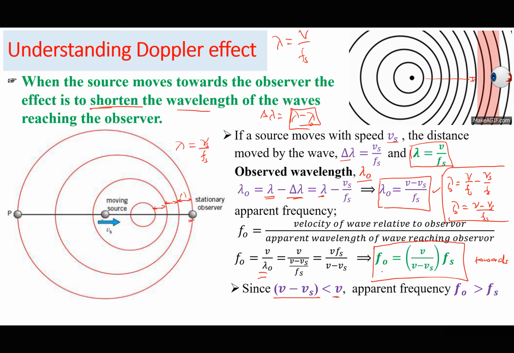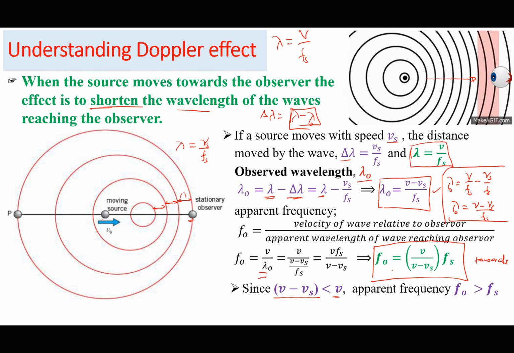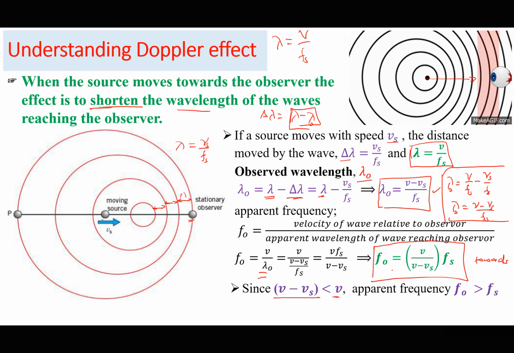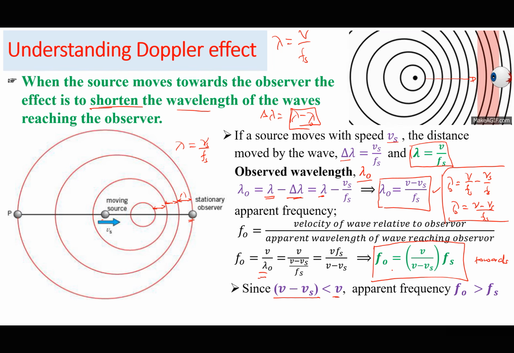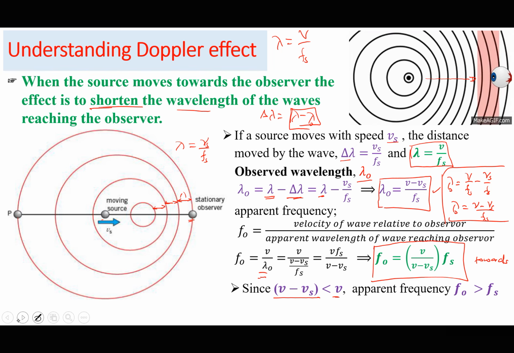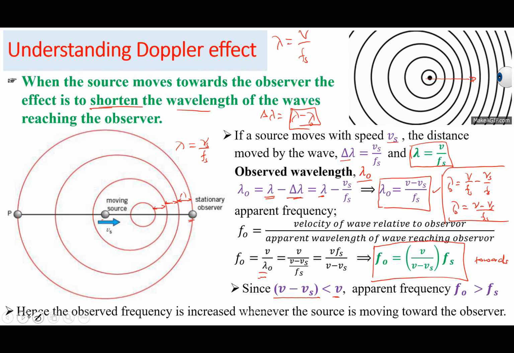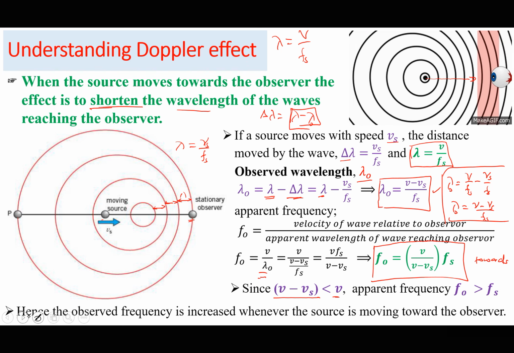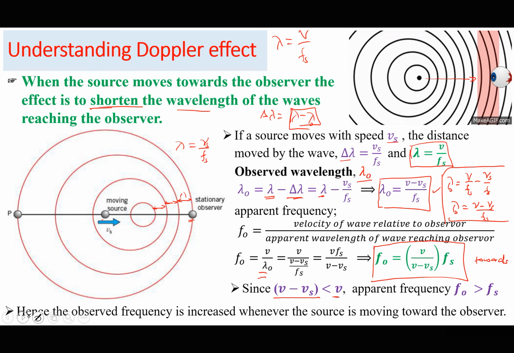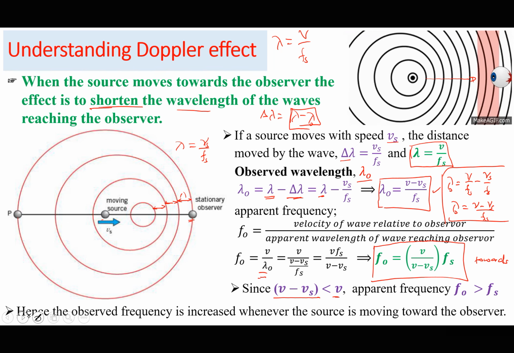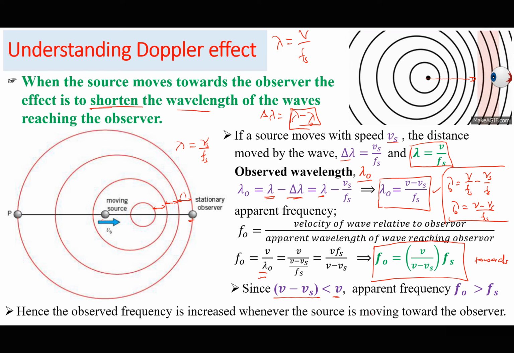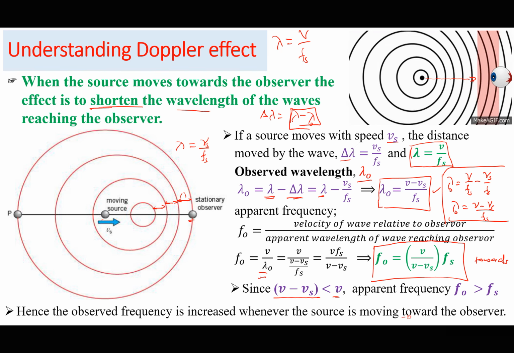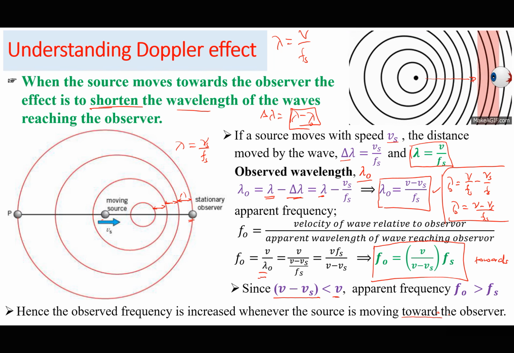So the observed frequency when the source moves towards the observer, or the observer moves towards the source, is a frequency higher than the normal frequency. Hence, the observed frequency increases whenever the source is moving towards the observer.